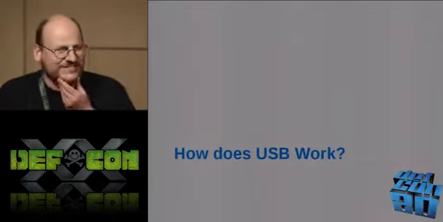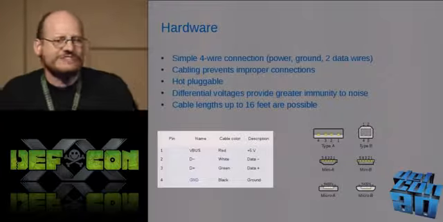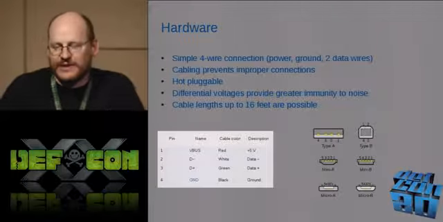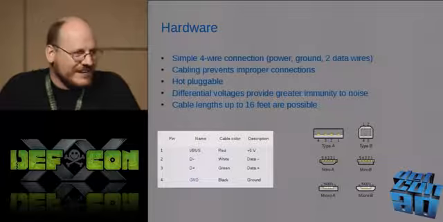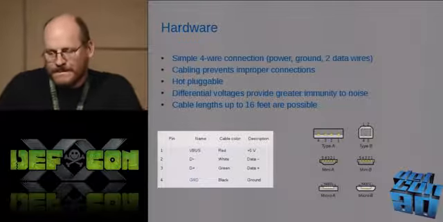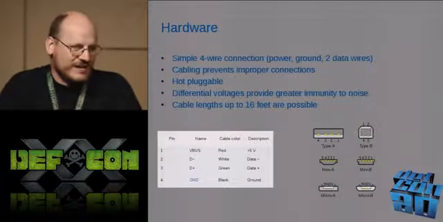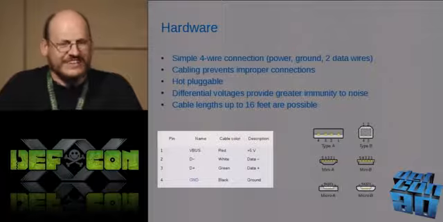All right, so how does this stuff work anyway? Well, it's made to be very simple from a user standpoint. So they have some nice idiot-proof hardware. And it's a pretty simple 4-wire protocol. And it's set up so that you cannot screw it up unless you try, right?